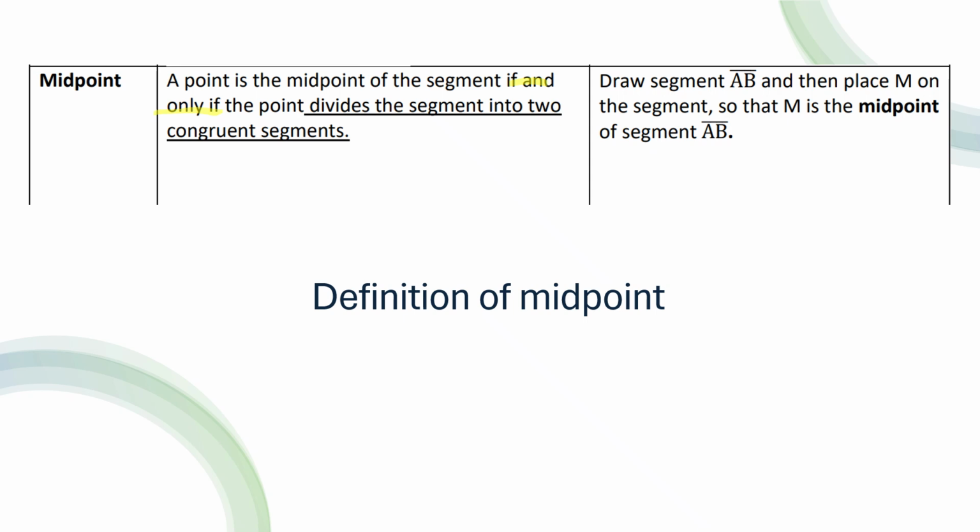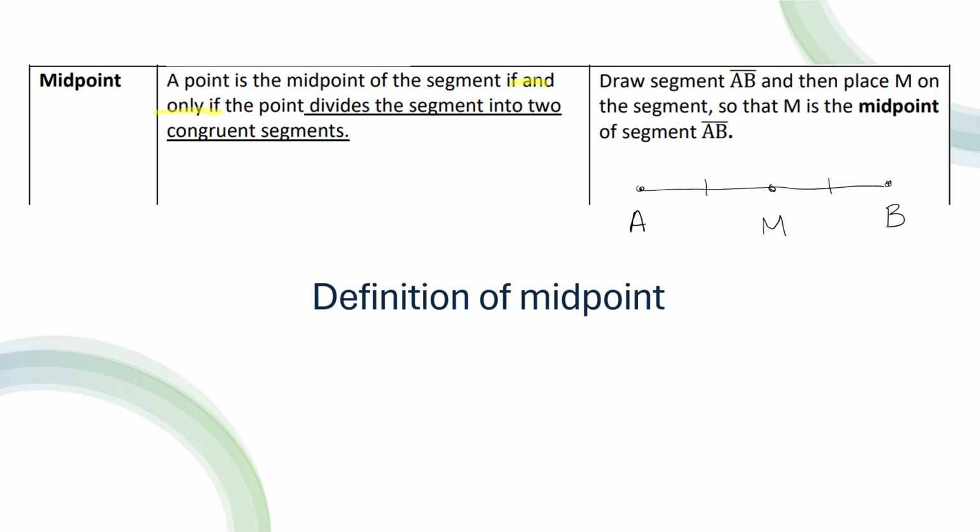Anyway, so I'm going to draw a segment AB. That's not a very straight segment, but you know what I mean. And then M is the midpoint of segment AB. So I'm going to put an M right in the middle. And then I'm going to do my congruence mark showing that those line segments are congruent.